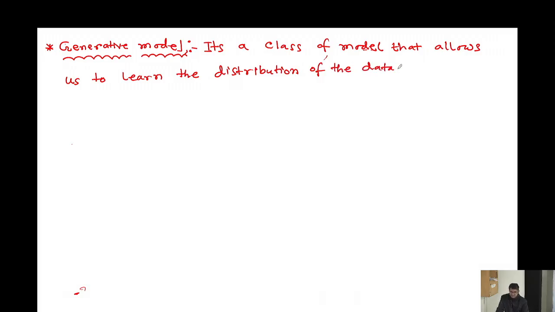And when I say learn the distribution of the data, again I'll remind you, it need not learn it explicitly, it can be an implicit representation as well. So when I'm saying learn the distribution, it is learning either implicitly or explicitly. Again, something to be noted, right?